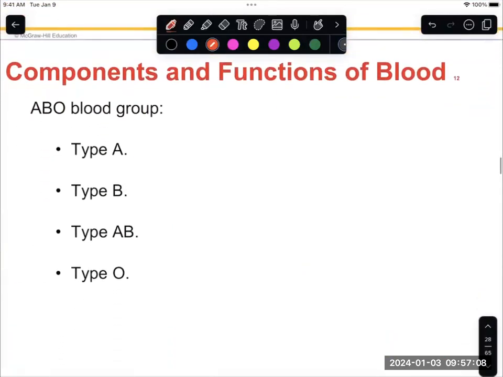So on the surface of our red blood cells, we have what is called an antigen. An antigen is a cell surface marker that is specific to us. There's an A antigen and a B antigen.